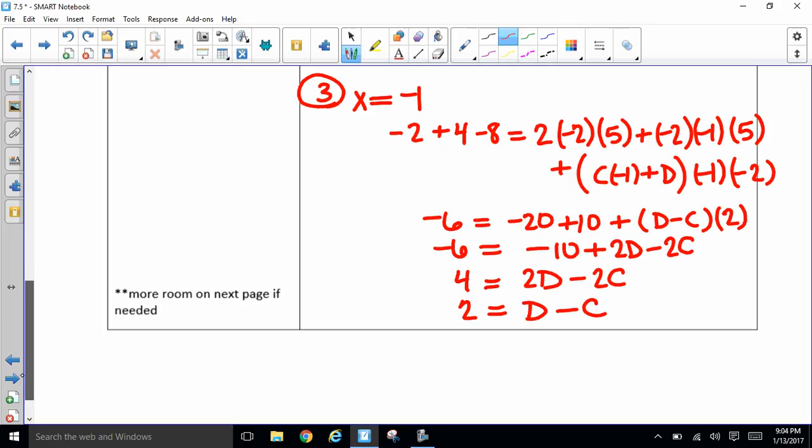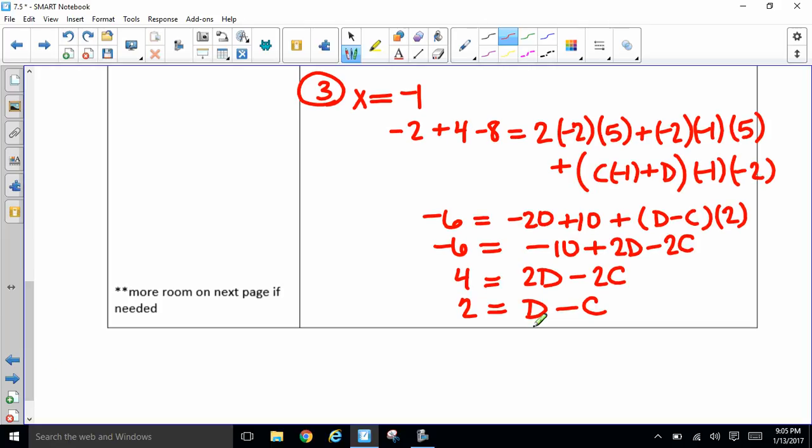Okay, then that's still not enough though. I have two things I'm trying to solve for. So I picked an easy x to work with, -1. I've already used -1 and +1. I've already used 0. So another choice of something that's easy to work with would be 2.